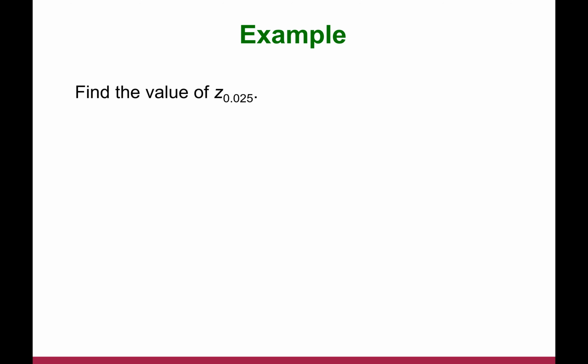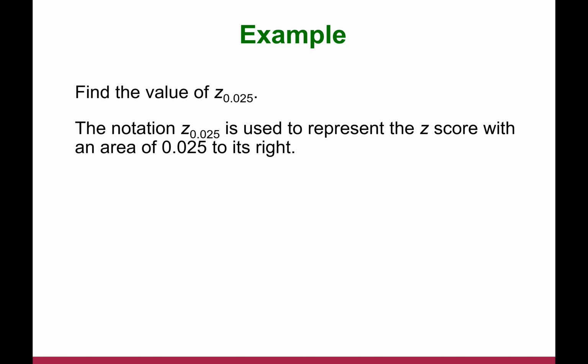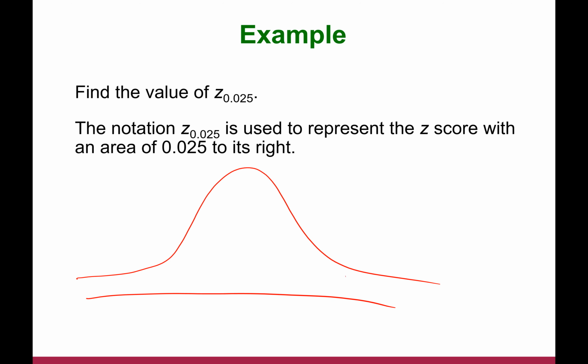Let's find the value of z alpha equal to 0.025. So again, draw the bell curve. Now we know the area to the right here is 0.025. Using the complement of this, the area to the left will be 1 minus 0.025, which turned out to be 0.975.